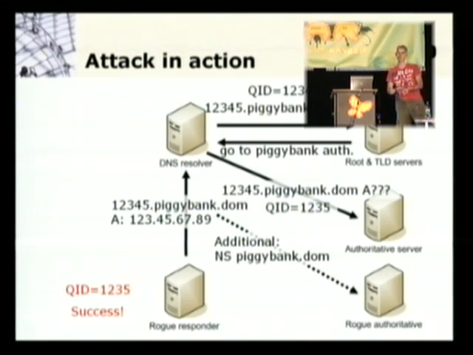So I'm going to put in there that the address for ns.piggybank.domain is actually my rogue authoritative server, and that really, if you want to know something about piggybank.domain, you need to ask me and not ask the valid authoritative server. And because I beat the real authoritative server with answering the question, whatever it answers will be discarded because the resolver already has an answer.